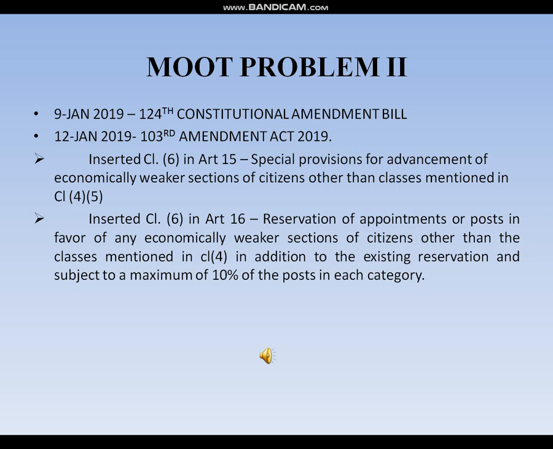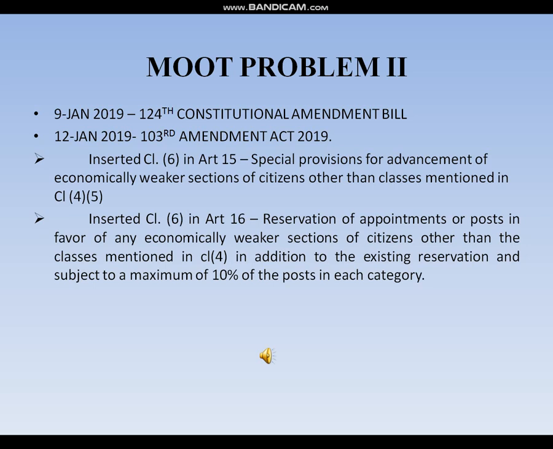Clause 6 was inserted by this Amendment Act, and Clause 6 gives the special provisions for advancement of economically weaker sections of citizens other than the classes mentioned in Clauses 4 and 5.